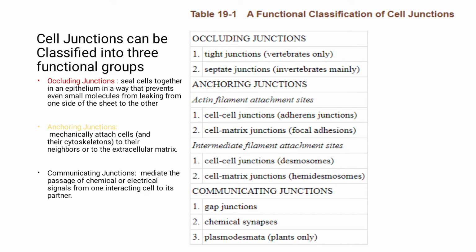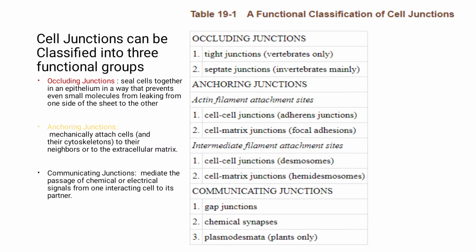This table shows us the major kinds of intercellular junctions within each group. We have the three functional classifications of cell junctions: the occluding junctions, the anchoring junctions, and the communicating junctions. Under the occluding junctions, we have tight junctions and septate junctions. In the anchoring junctions, we have the two attachment sites, the actin filament and the intermediate filament. In the actin filament, we have cell-to-cell junctions, or the adherens junctions.